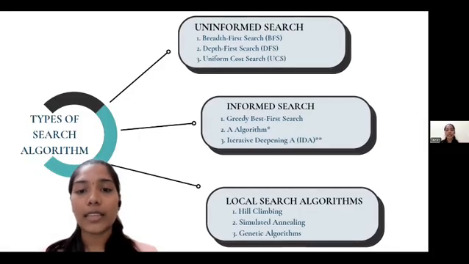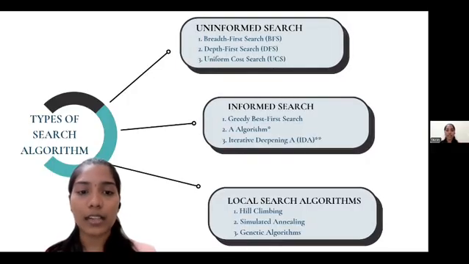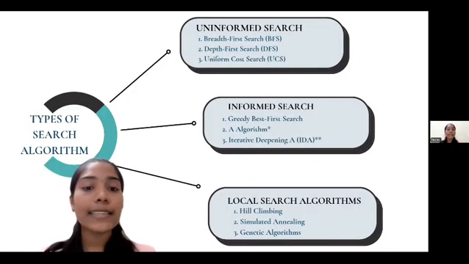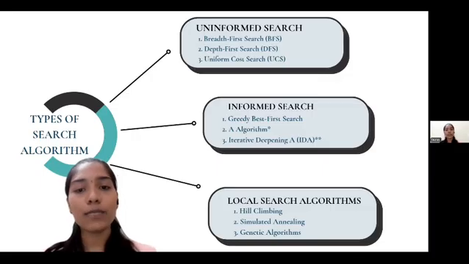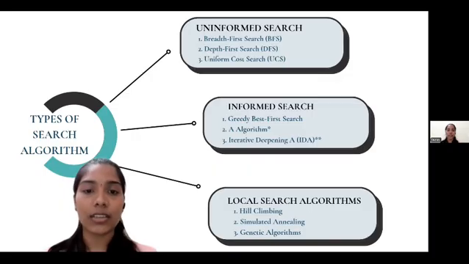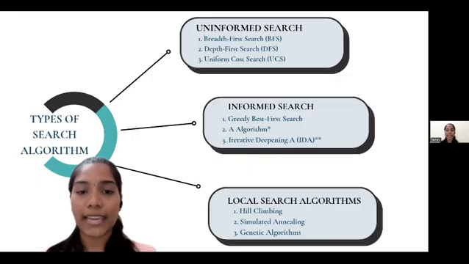Now, let's move to the types of state space search algorithms. There are mainly three types: uninformed search, informed search, and local search. Uninformed search doesn't have any extra information. It just explores blindly. For example, breadth first search and depth first search.